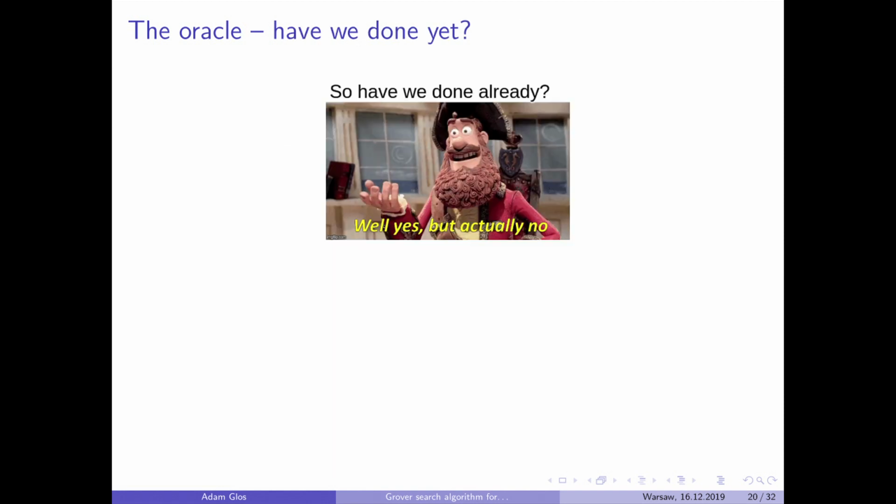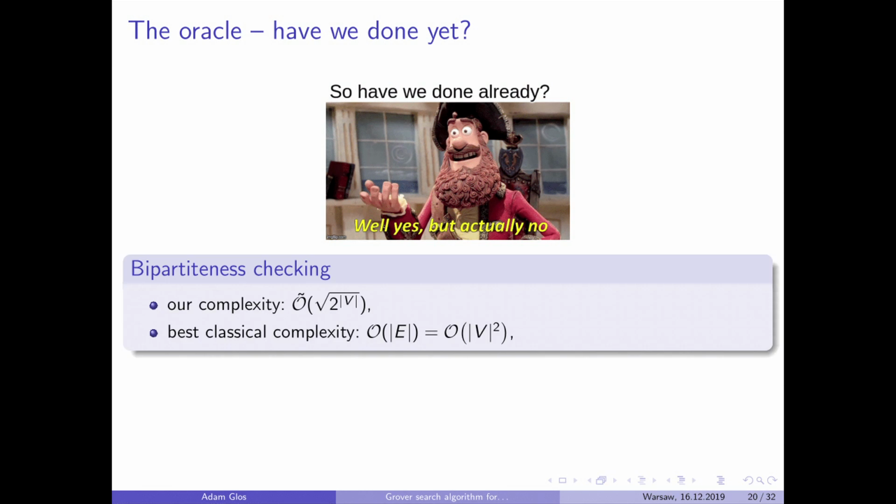Okay, so the question is whether we are done. No, actually, we would be ready if we would like to solve the problem with checking all edges. But the thing is that it is a very, very simple problem. Why? Because it's equivalent to something called bipartiteness checking. This is just checking whether the graph is bipartite.